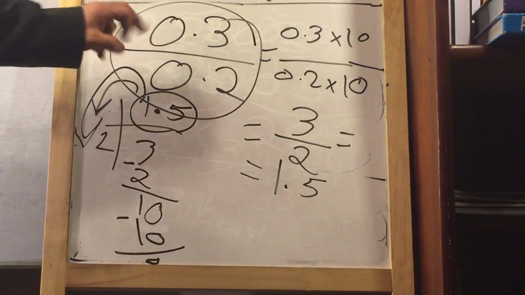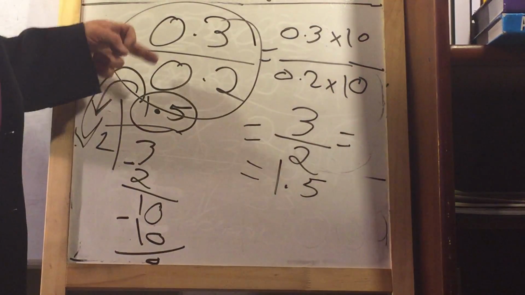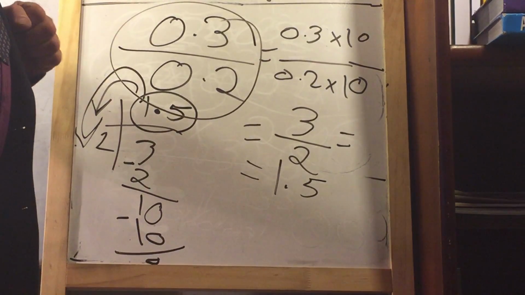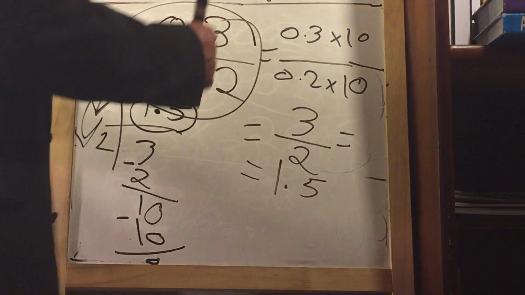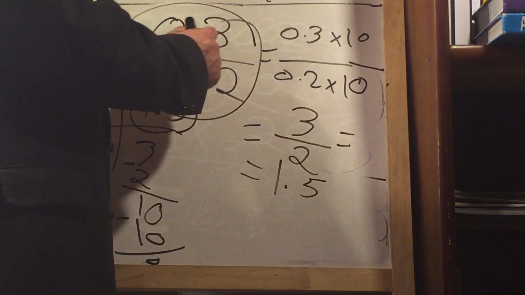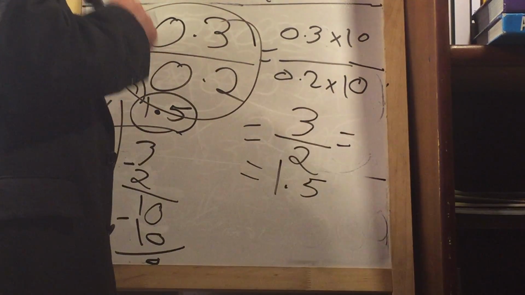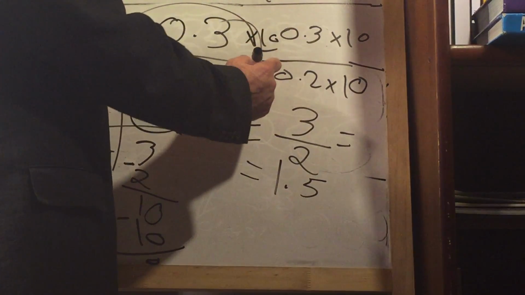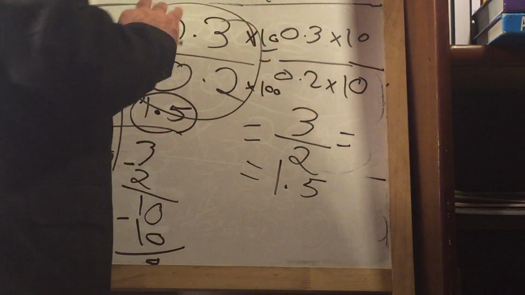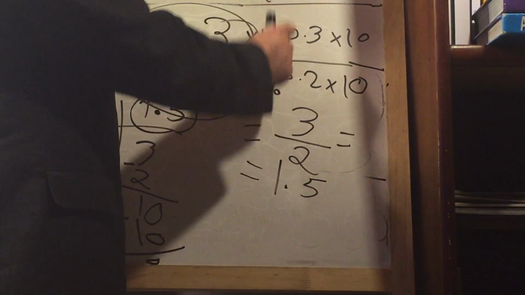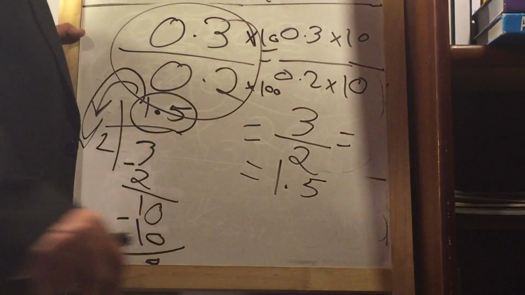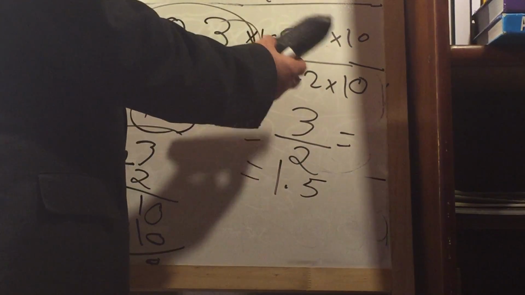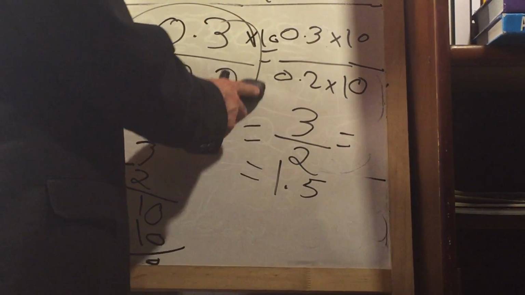Now, 0.3 divided by 0.2. Well, first step, what do we do? We multiply the top and the bottom by the same number. You cannot multiply here by 10 and multiply here by 100. You can never do that. It has to be the same number on both top and the bottom, the numerator and the denominator.